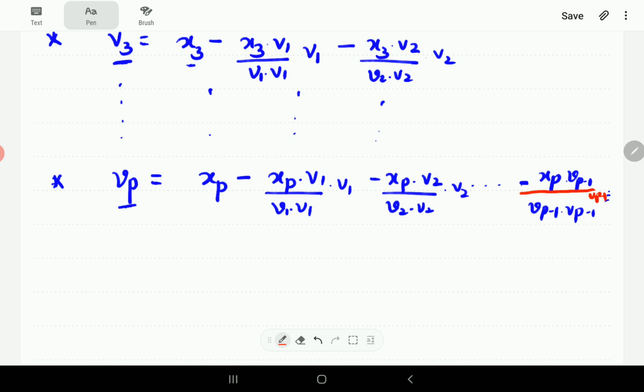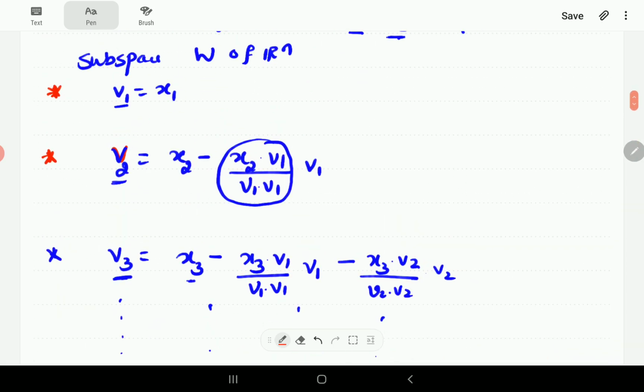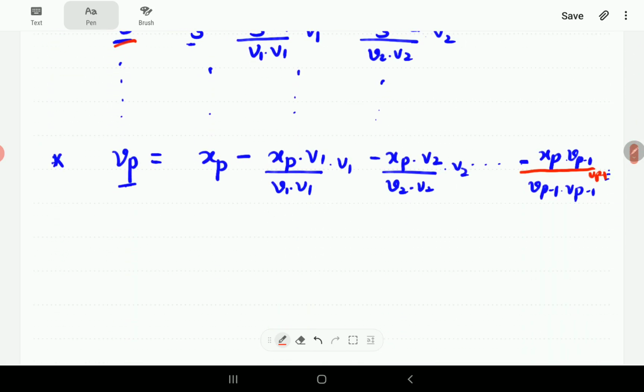If you observe on the left-hand side, we have got v1, v2, v3 and so on up to vp.